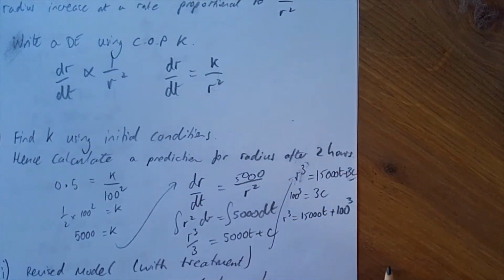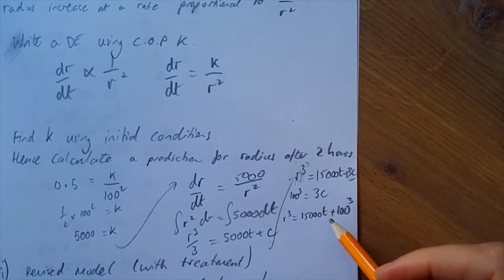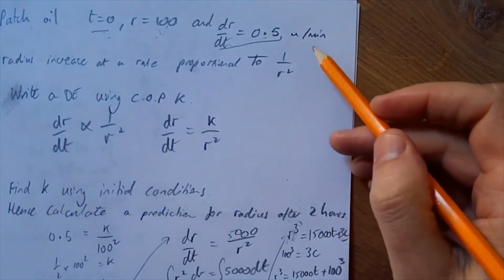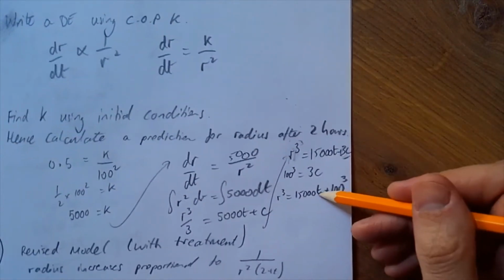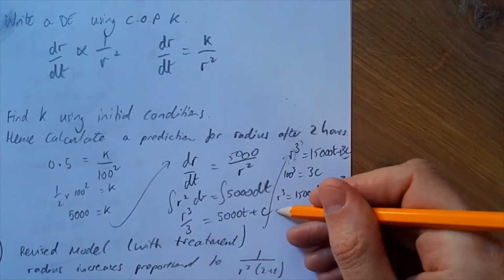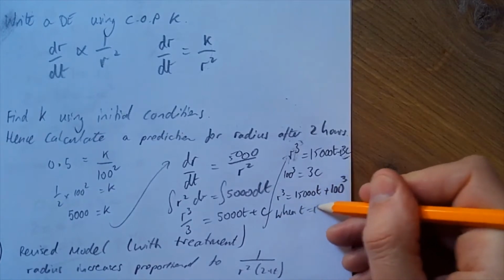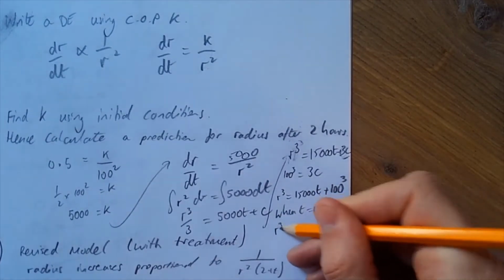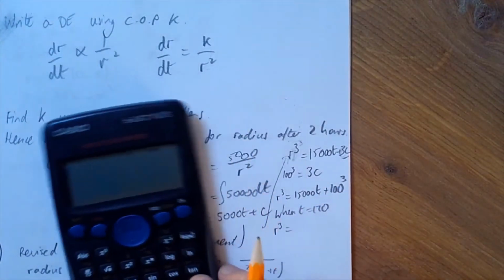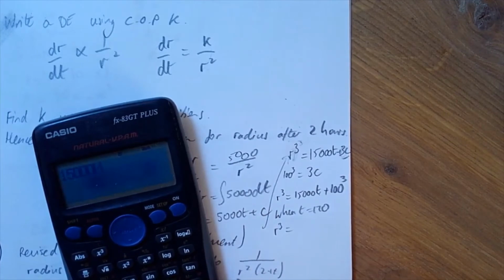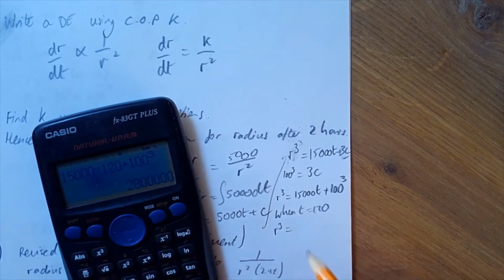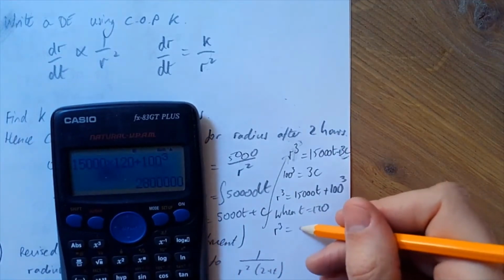And I've got to put in 2 hours. Now I have to be a bit careful here because the time in the question was in minutes. So I'm not going to put 2 in, I'm going to put 120 in. When t equals 120, r cubed equals, well, I'm going to calculate it. Quite a big number.